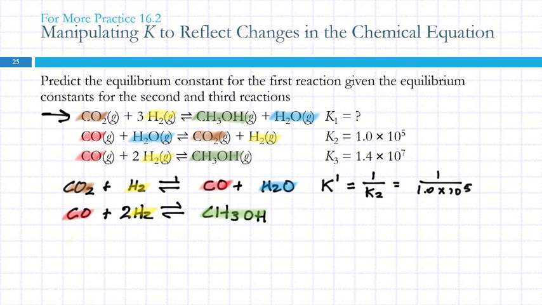Did we change it? No, we just copied it, right? So the K for this one, maybe we could call it K double prime, is just equal to K3. We don't need to change it at all. Okay? Any questions?